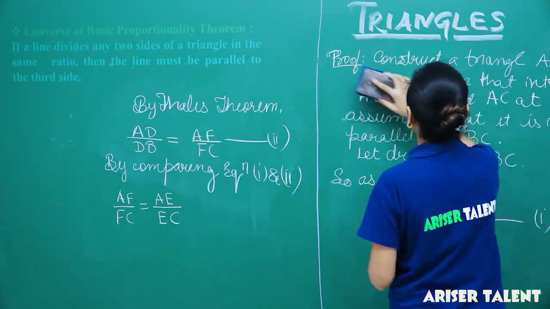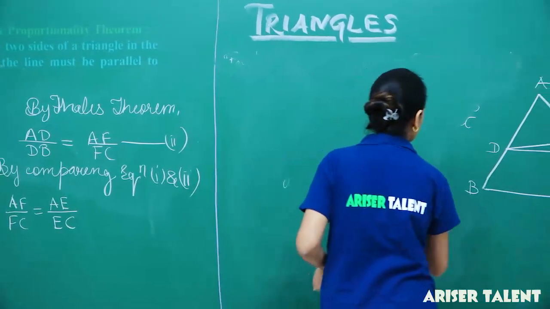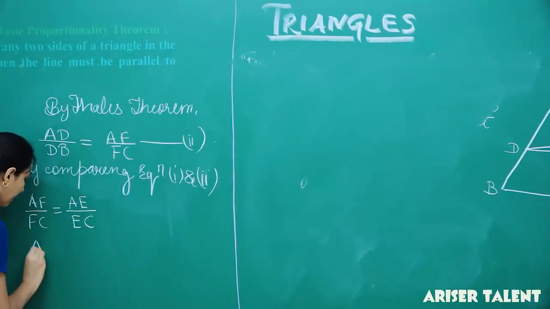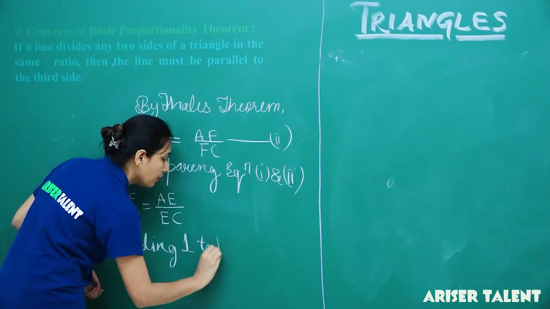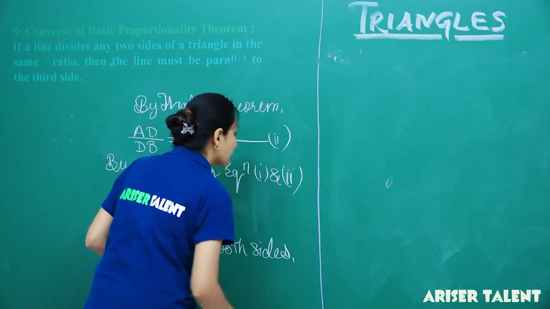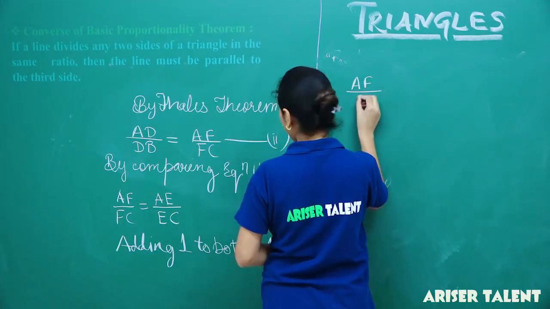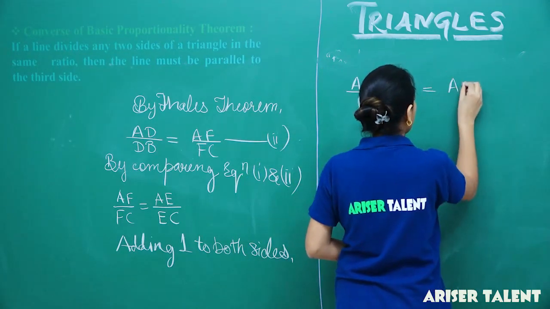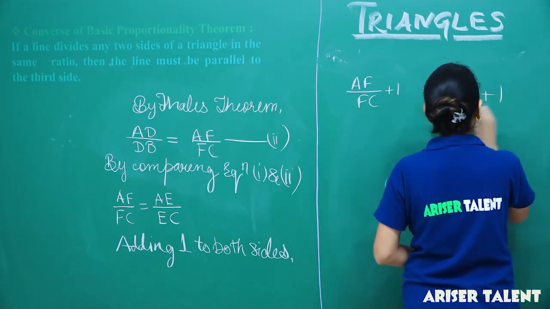Now what we have to do is simply add 1 on both sides. I am rubbing this. So by adding 1 to both sides, we have AF by FC plus 1 equals AE by EC plus 1.